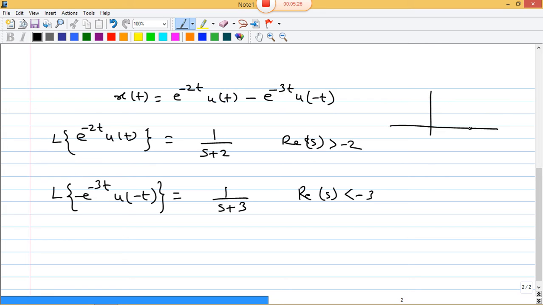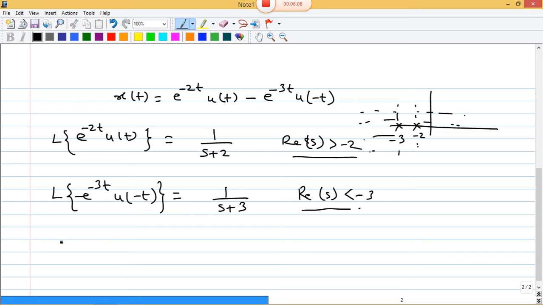So just go through the graphical representation here, minus 2, here minus 3. This statement says that our ROC should be greater than minus 2, meaning it will lie on the right side of minus 2. And this statement says that the ROC will be less than minus 3, meaning it will be on the left side of minus 3. So there is no common part between these two conditions.